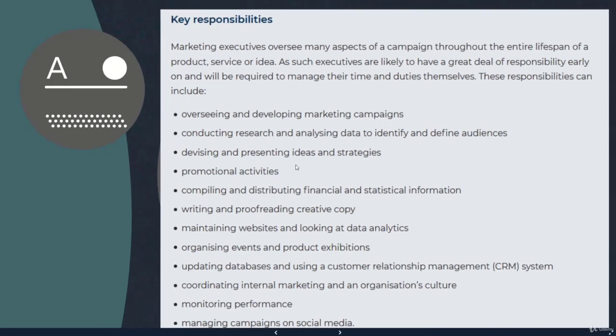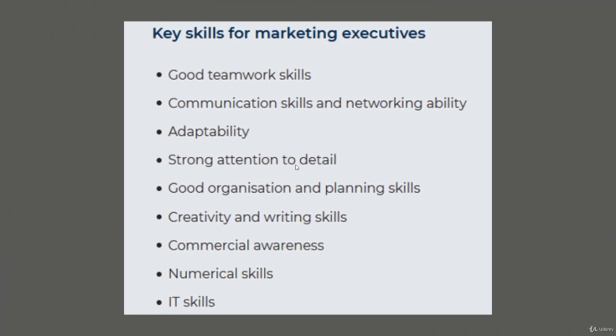So let's move on to the next point. Besides the key responsibilities shown in the job description, the other thing was the key skill set. For that marketing executive job, you should have good teamwork skills, adaptability, and strong attention to detail. They would also need IT skills and numerical skills.